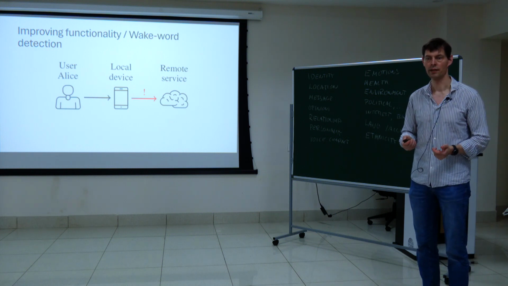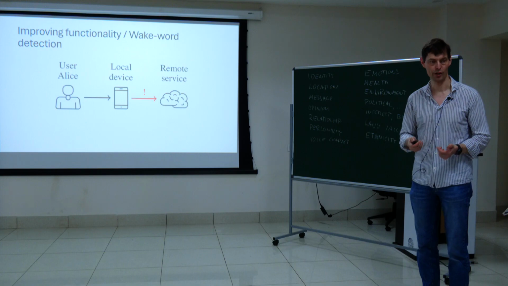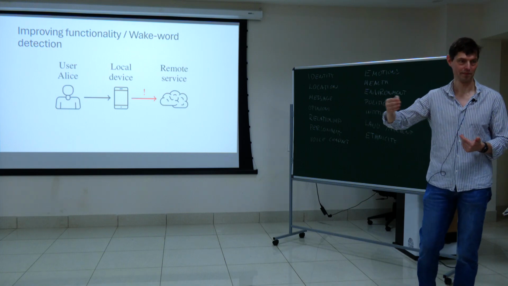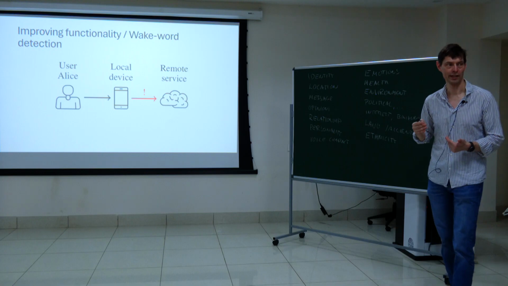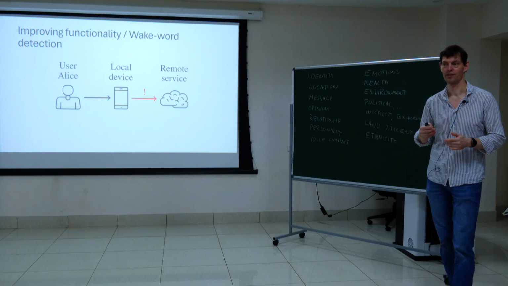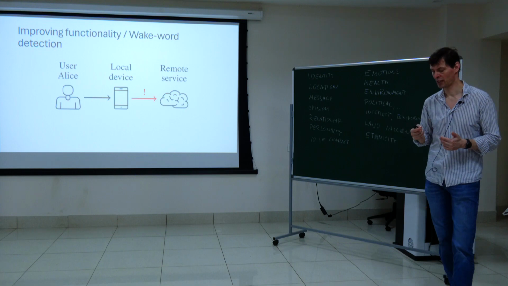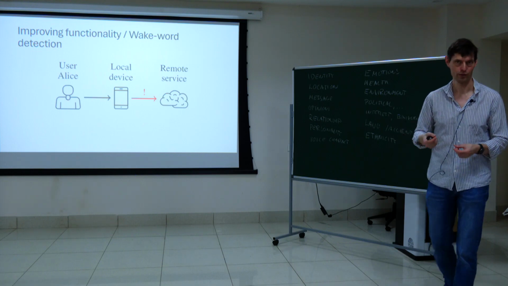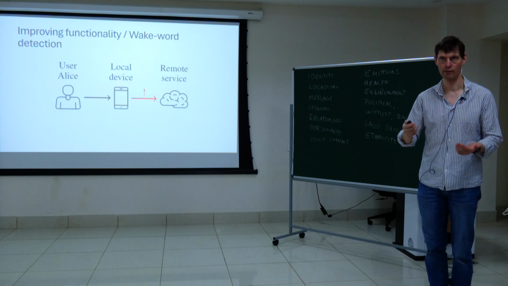It recognized the keyword Alexa even when it came from the TV. So the wake word detector made an error, and it should not have been woken up, even though there was the word Alexa.